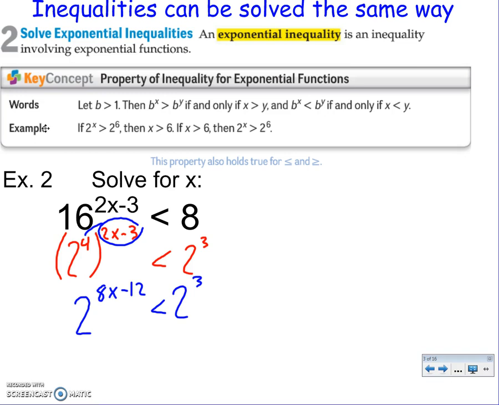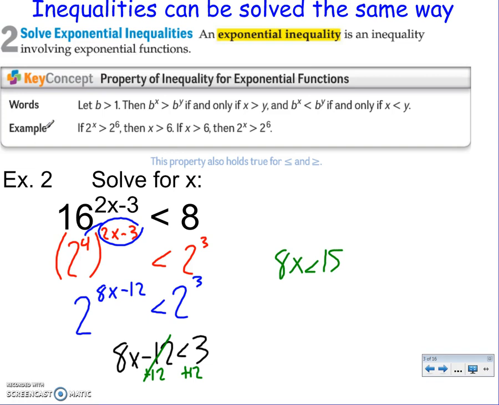Well, same bases means same exponents. I'll just ignore the bases. I basically have this new inequality, and I solve this, because the left side exponent has to be lower than the right side exponent. So I'm going to add 12. So we're at 8x is less than 15.